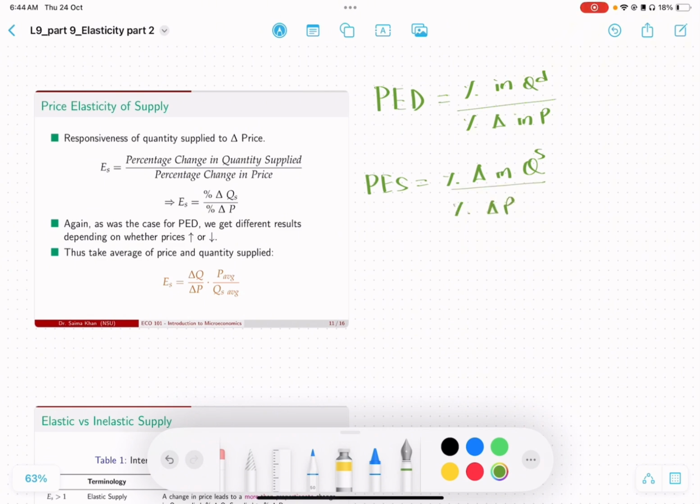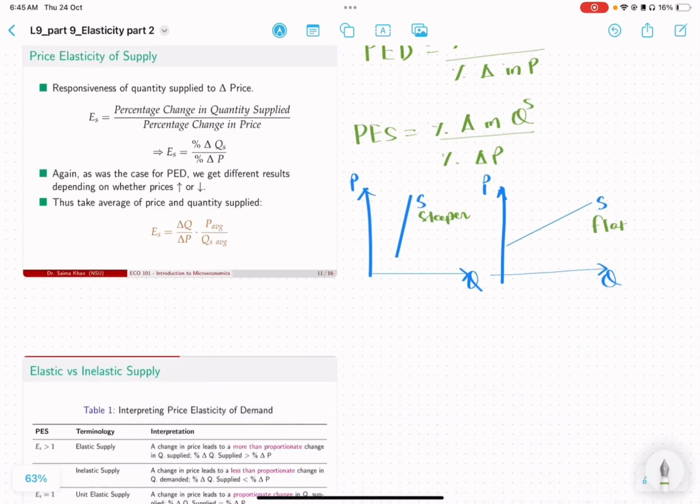And so what the price elasticity of supply will help us determine is whether your supply curve is going to look like this or whether it is going to be something flatter. So should it be like this? Whenever we're dealing with this very steep supply curve, the idea is that if your price increases, let's say by this much, look, your change in quantity supplied is very small, right?